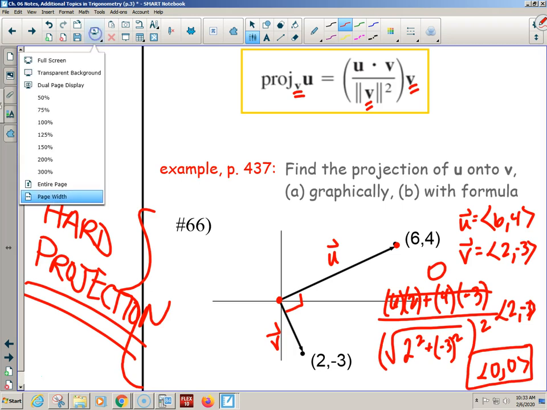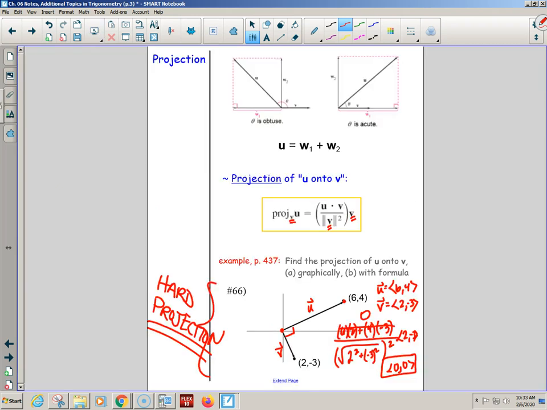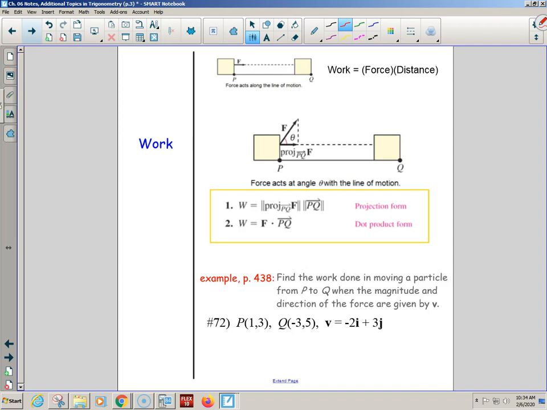So, complicated idea in some ways, as far as exactly what's going on and what it means. However, once again, projection isn't on your test. Projection is barely in your homework. The whole point of projection is that projected force is important when we get to work.